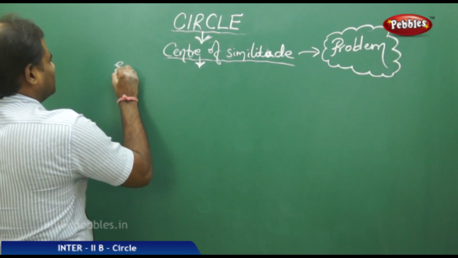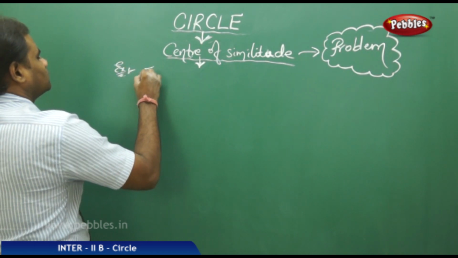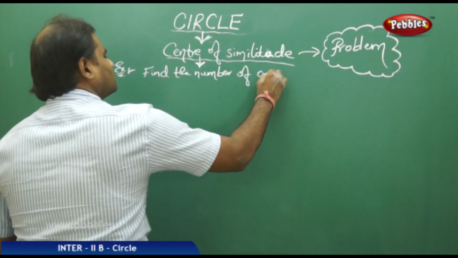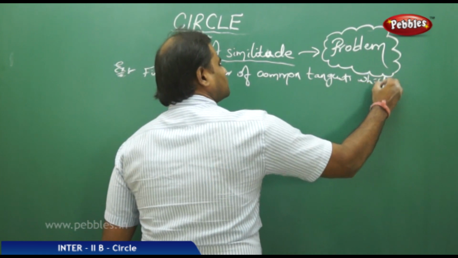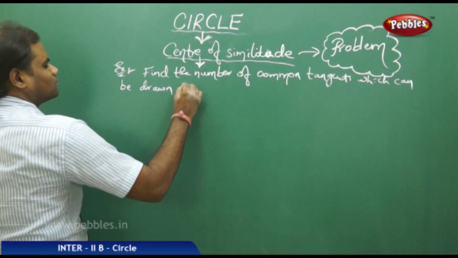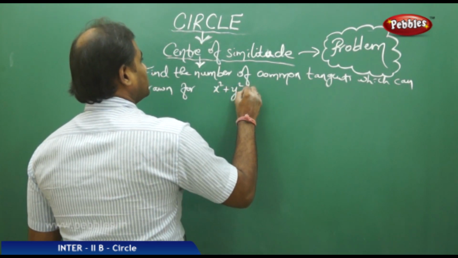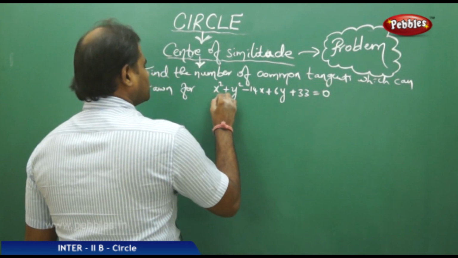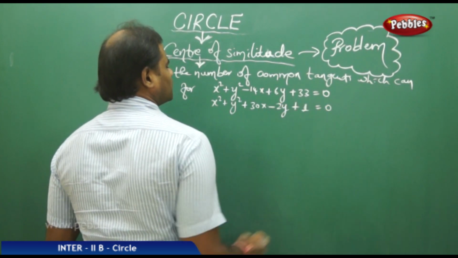Say for example, I have a problem which says: find the number of common tangents which can be drawn for the circles x square plus y square minus 14x plus 6y plus 33 equal to 0, and x square plus y square plus 30x minus 2y plus 1 equal to 0.